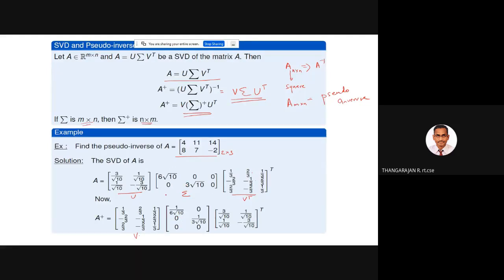And this is U transpose, so you take U, take the transpose and put it here. That's all. Now when you multiply these, you get the inverse of the matrix, which was not initially possible. Initially, for finding the inverse, the matrix should be a square matrix, but here the constraint is not there. So by using SVD, I can always find the pseudo inverse of any rectangular matrix.